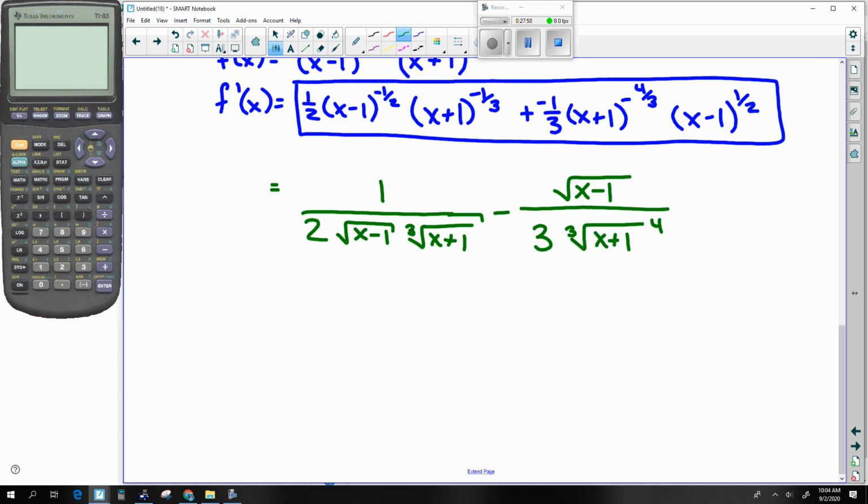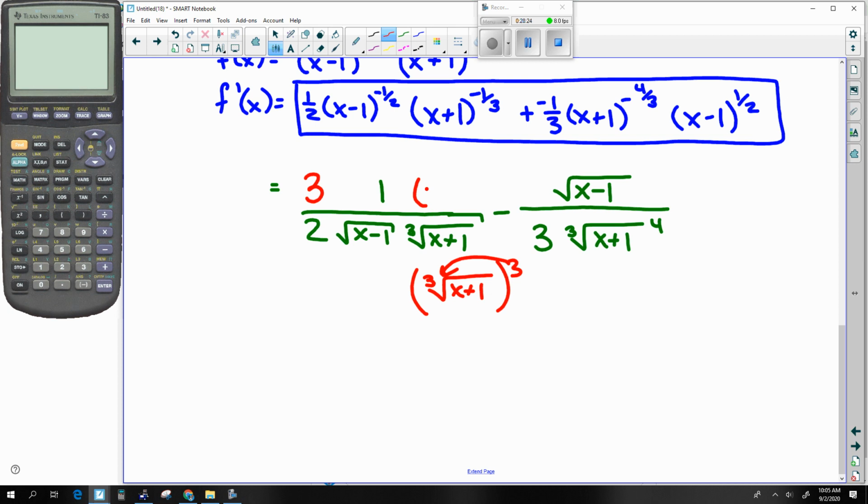Just figure out what each side needs. So for instance, this left-hand side needs a 3. And it also needs 3 more of the x plus 1s. So again, if I have a third root of x plus 1 and I need 3 more of those, I'm eliminating the root.